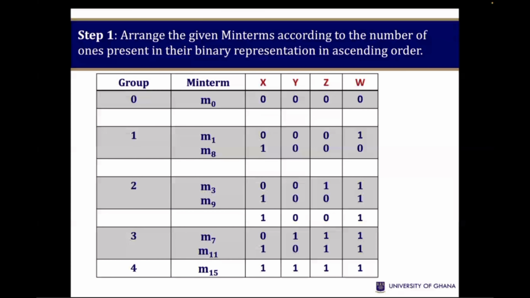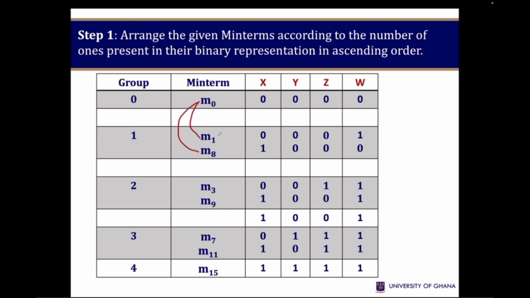Now, when you are doing the match pair, we take each member of one group and compare with all other members. So you take M0, compare with M1, take M0, compare with M8. We compare this with all the mean terms here.